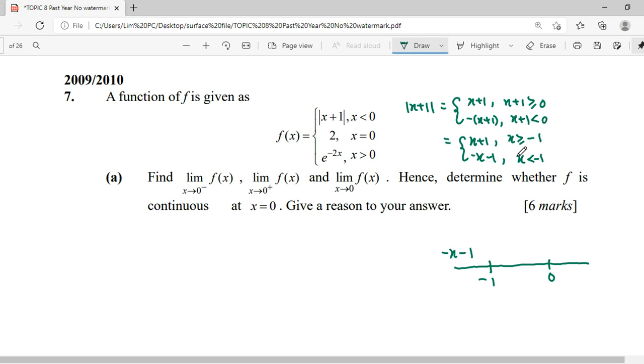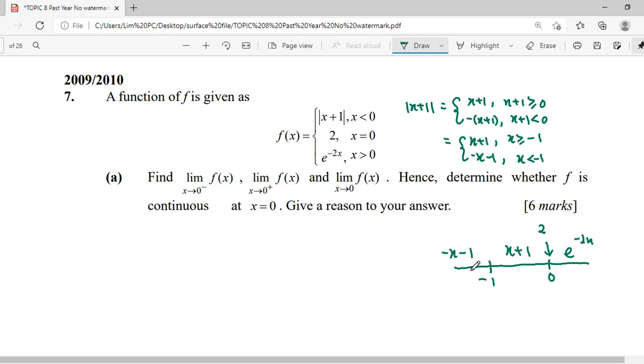When x is more than negative 1 and less than 0, it will be the modulus part, so we select x plus 1. Exactly at this point the value is 2. Then for the interval where x is more than 0, it will be e to the negative 2x.